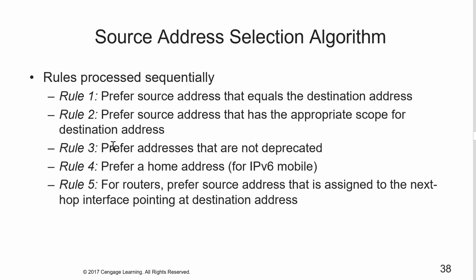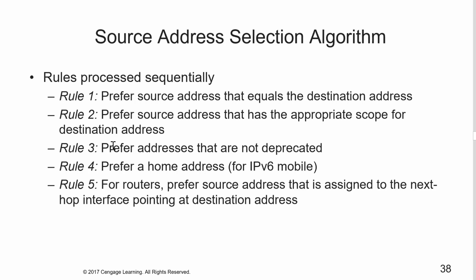Rule 1, you're going to prefer the source address that equals the destination address. Rule 2, you're going to prefer the source address that has the appropriate scope for the destination address. Rule 3, you're going to prefer addresses that are not deprecated. And rule 4, you're going to prefer a home address. This is in there for IPv6 mobile.